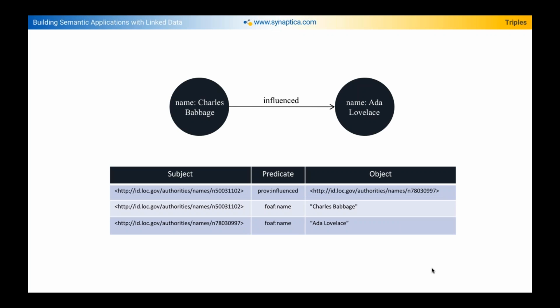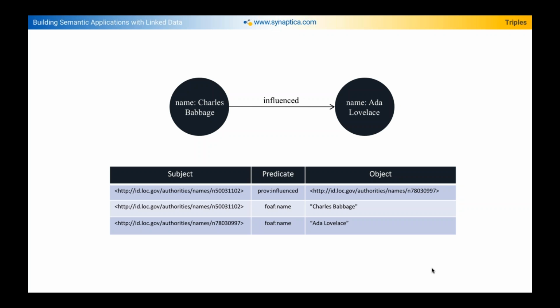So here we've got what triples look like. A triple is a subject, a predicate, and an object. The subject is a URI that identifies an entity. The predicate is the relationship or the property type.